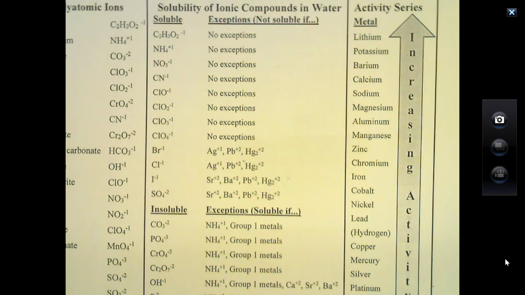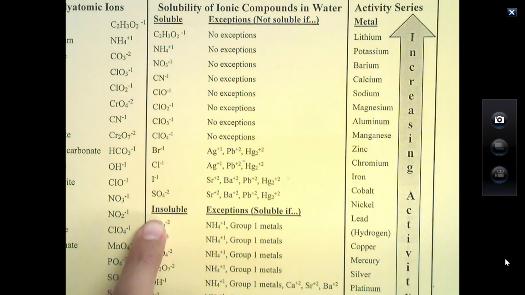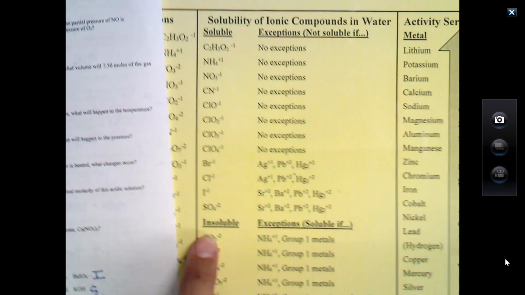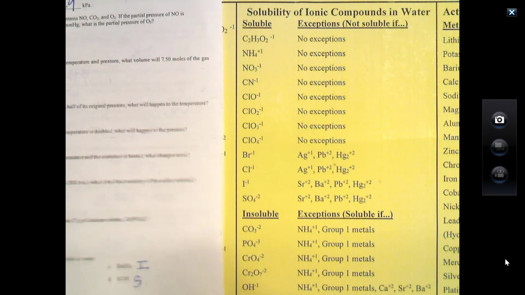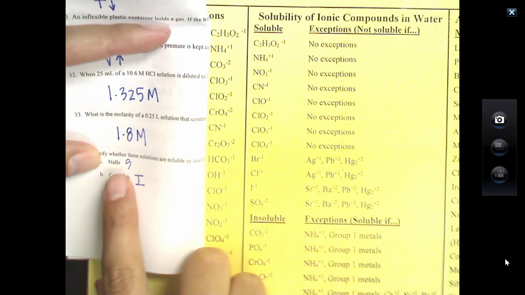And this last section, soluble or insoluble, you will need to use the backside of this periodic table. Notice there's a soluble section and an insoluble section. If we look at the first one here, it says NaBr.